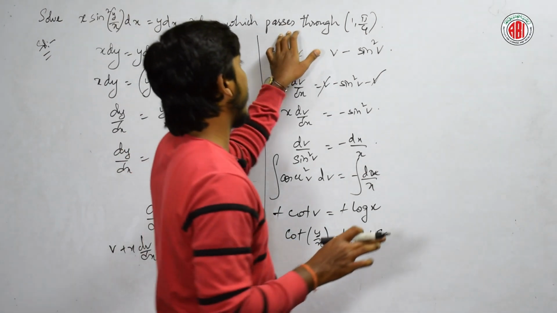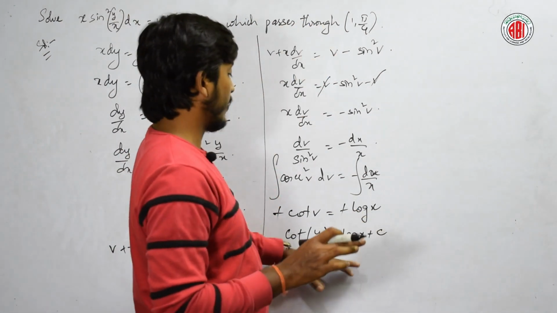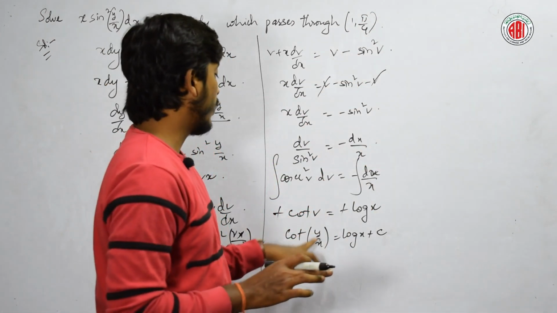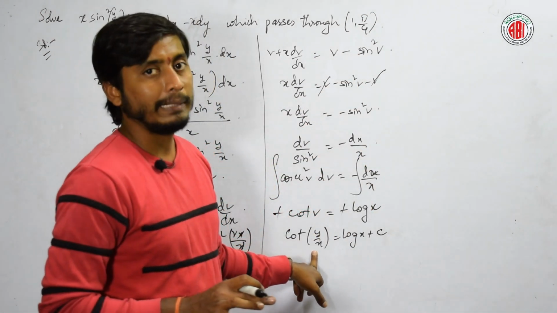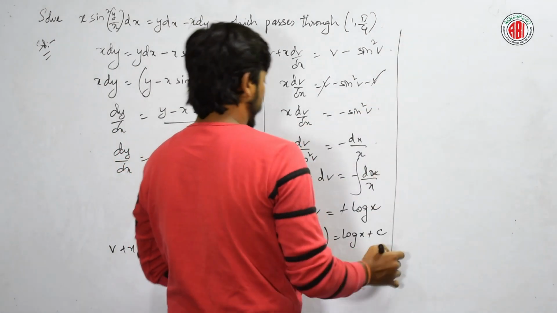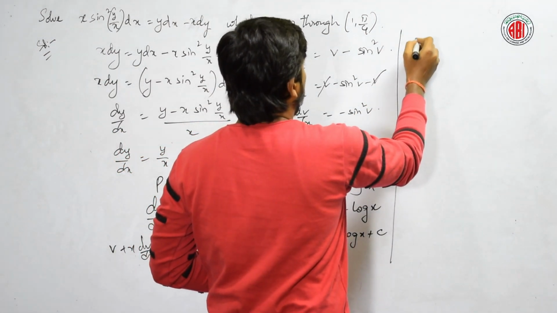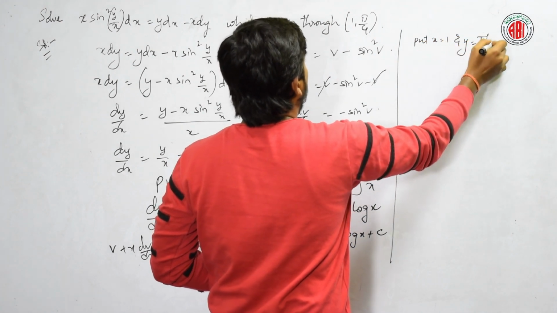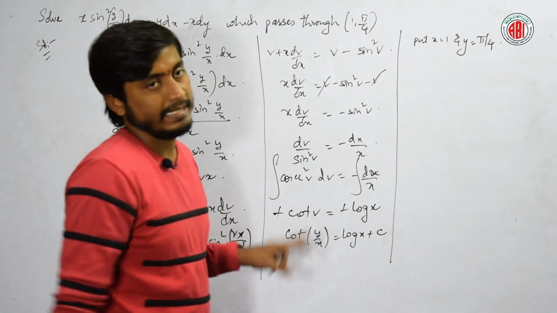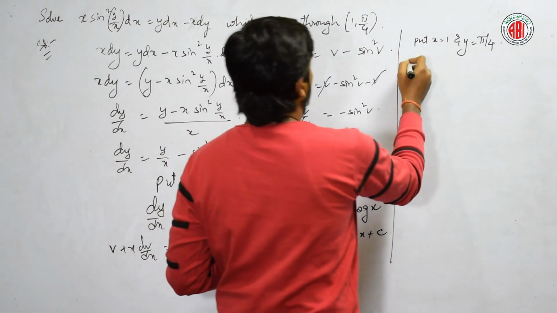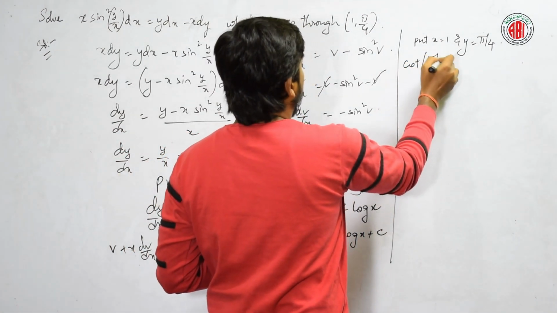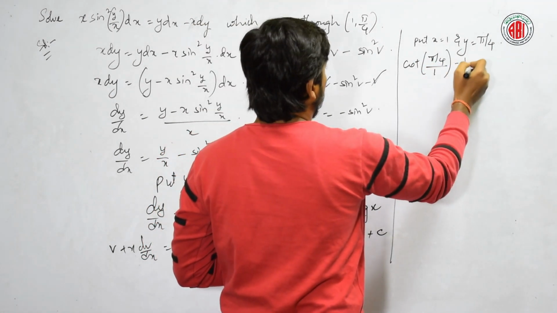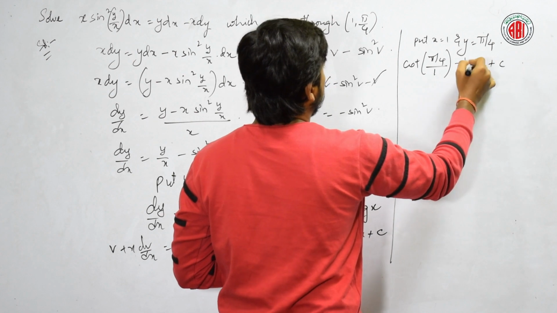Then he is telling that this solution passes through (1, pi by 4). Is it? So let us substitute that here. So what do we get? Put x is equal to 1 and y is equal to pi by 4 in this. Then cot (pi by 4 by 1) is equal to log 1 plus c.